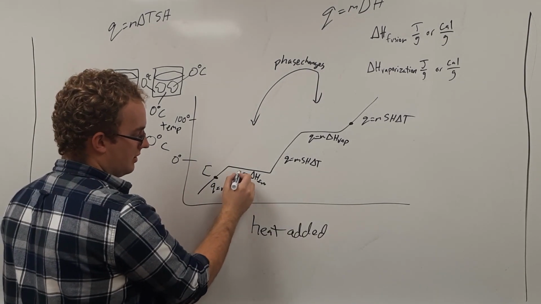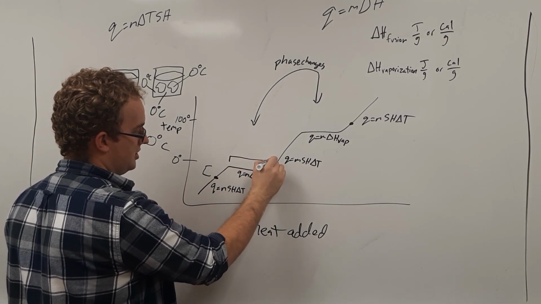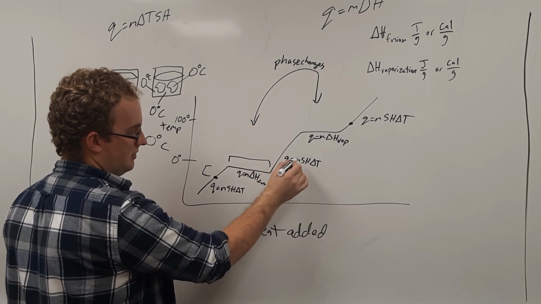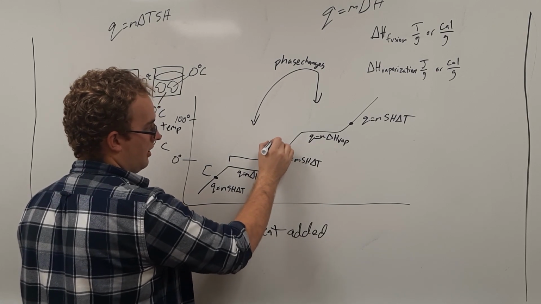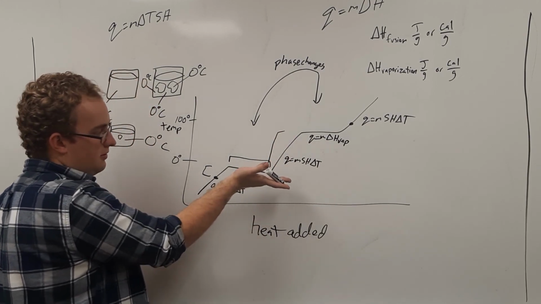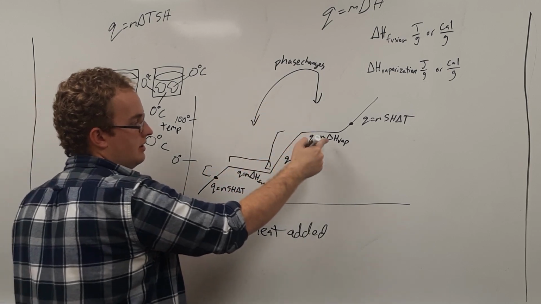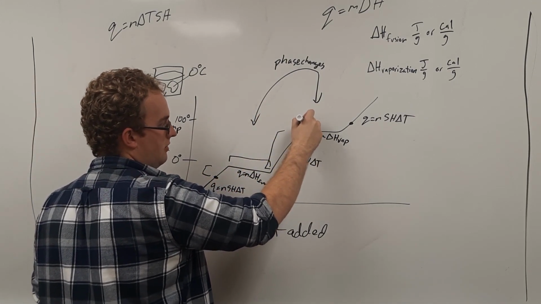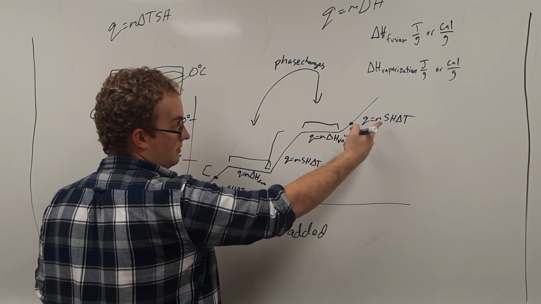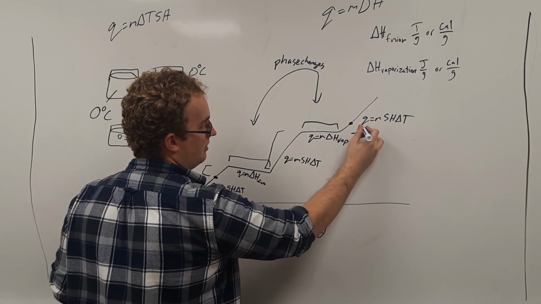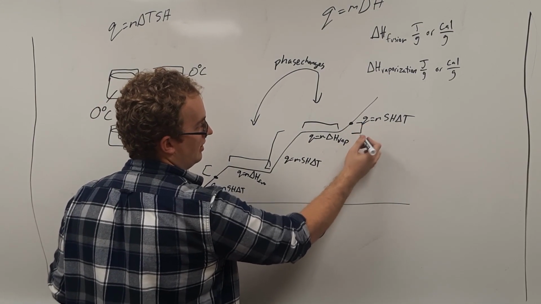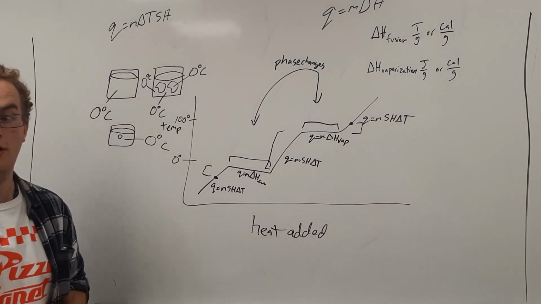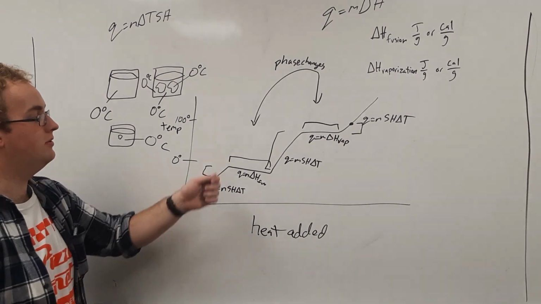Then we have to use this equation for this part where it's changing phase. Then we have to use this equation for this part where you're going up from 0 degrees to 100 degrees. Then you have to use this equation for this period when you're boiling. And then you use this equation finally for this little part between 100 degrees and your final temperature. Hopefully that should help you know when to use and apply these.